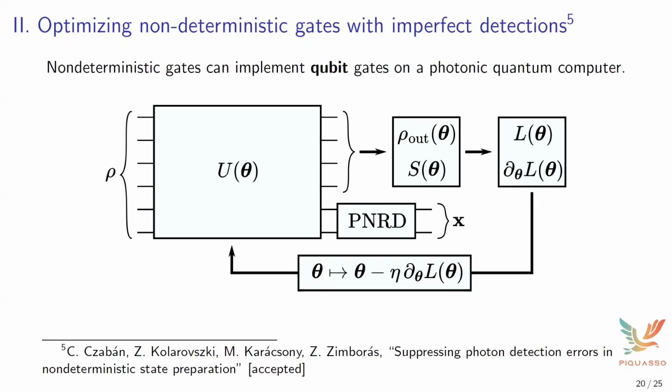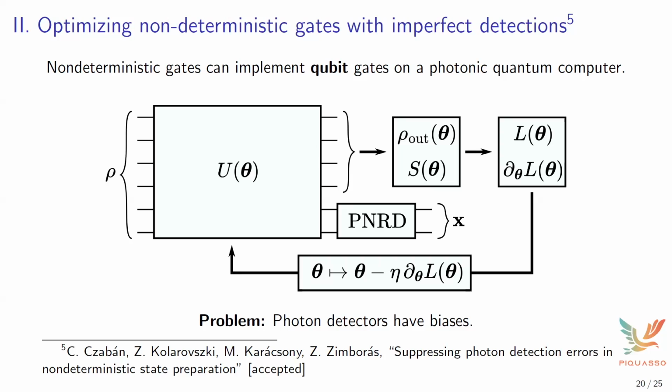And we wanted to do this with imperfect detections, because photon detectors can have biases. For example, it can happen that in reality you will have 2 photons coming into your detector, but the detector will only detect 1.